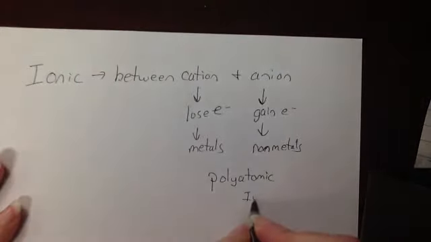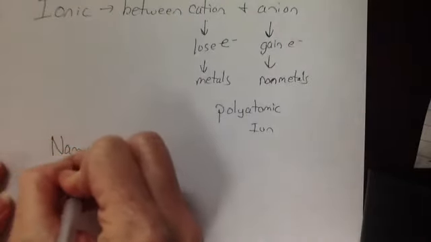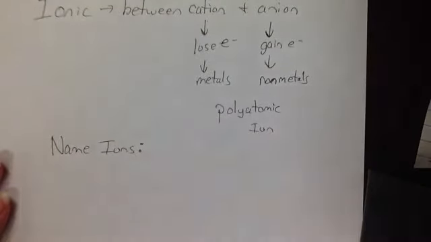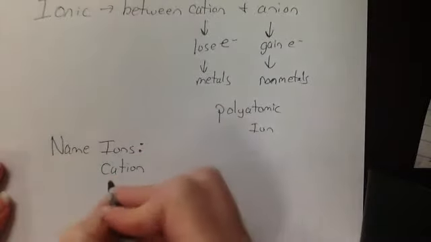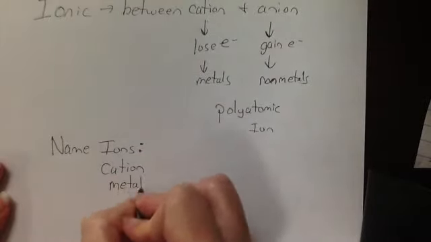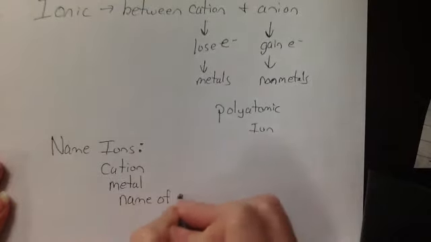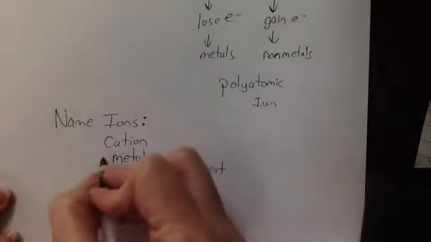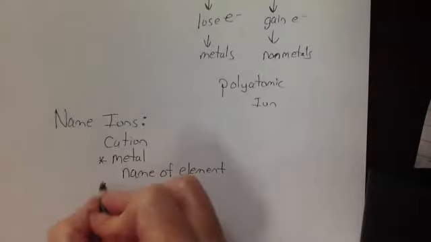Okay. All right, so how do we name these ions? If it's a cation, it's a metal. You'd write the name of the element. But you want to be careful. Some metals can have different oxidation numbers, which would require them to have Roman numerals.